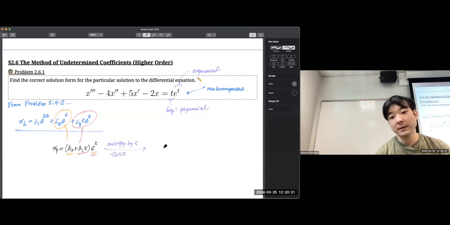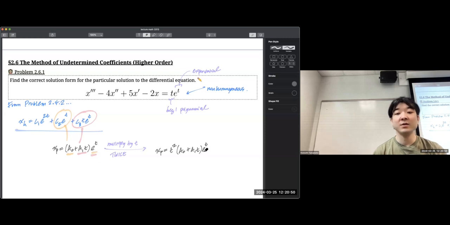Resulting in your final particular solution to be t squared times the a naught plus a1t, times the e to the t.